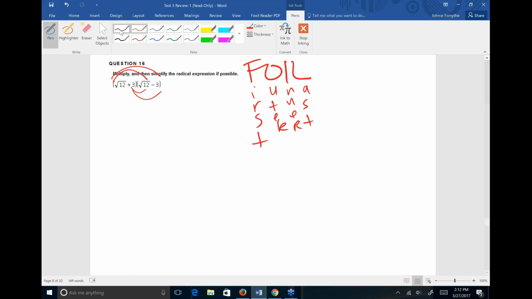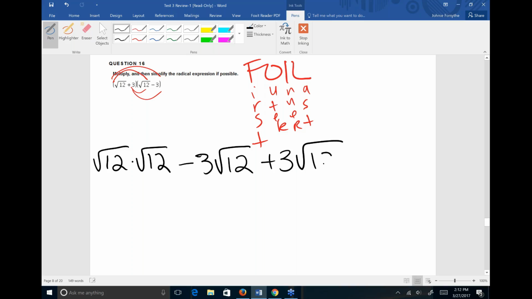So we have square root of 12 times the square root of 12. I'm just going to write it all out. And then we have minus 3 times the square root of 12 plus 3 times the square root of 12 minus 3 times 3. So the square root of 12 times the square root of 12, they both are square roots, so we can do the square root of 12 times 12.